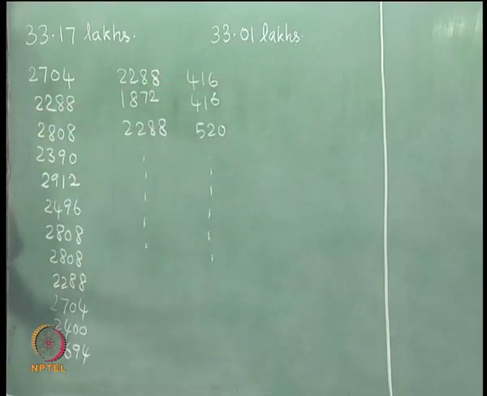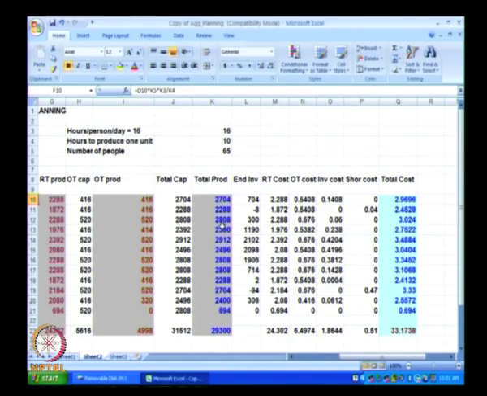Now this is the advantage of optimization. If we were to try and get this solution from the spreadsheet, the user has to play around with these values, and for every change you can see that this value keeps changing. For example, if instead of 2704, I had used 2600, then you see that 33.17 becomes 34.94.